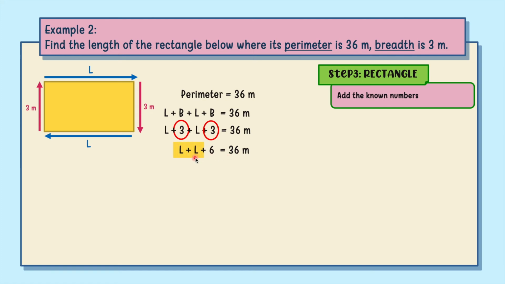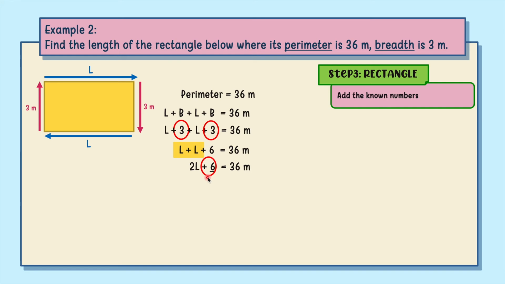So L plus L, we can actually add them together. So if you see here, how many L's are there altogether? Altogether here, there are 2L. So I'm going to write this down. 2L plus 6 is equal to 36 meter. Now, we want to get rid of the plus 6 in this side to find the length.